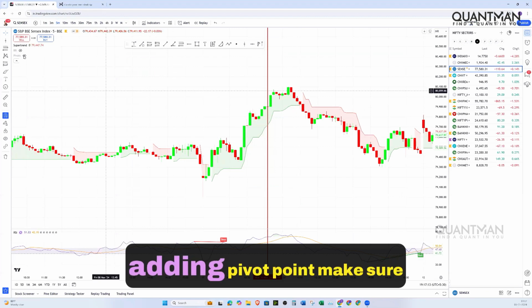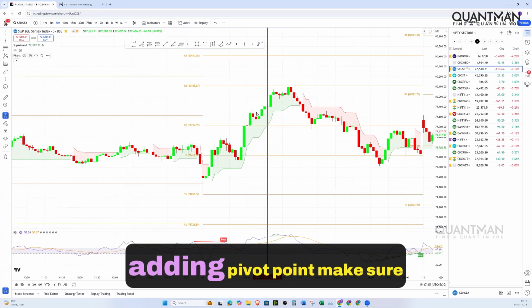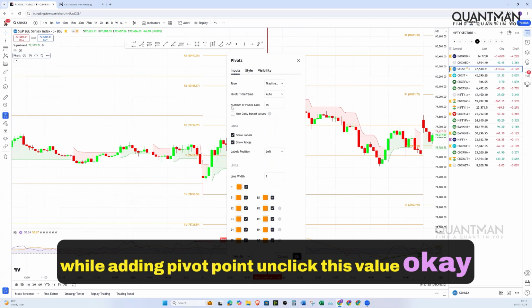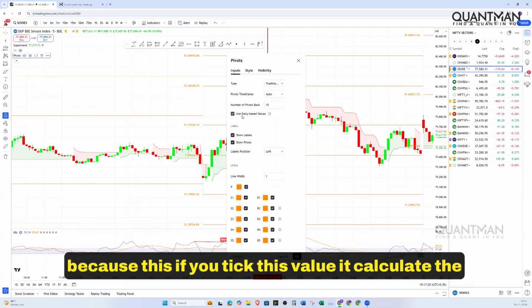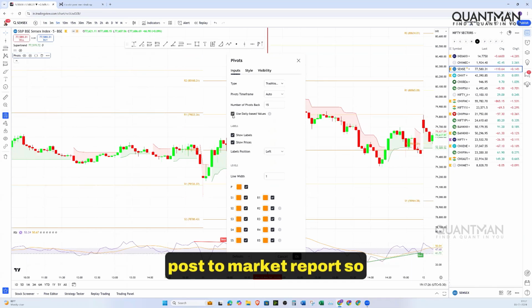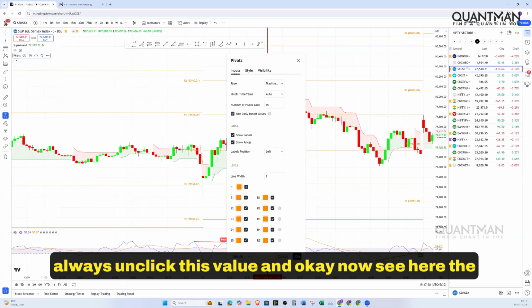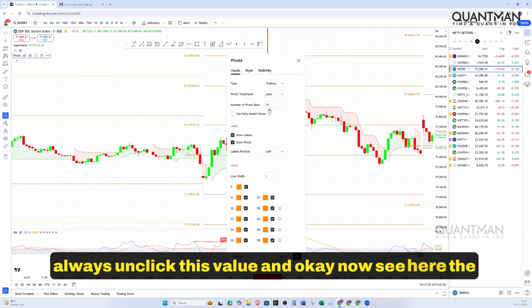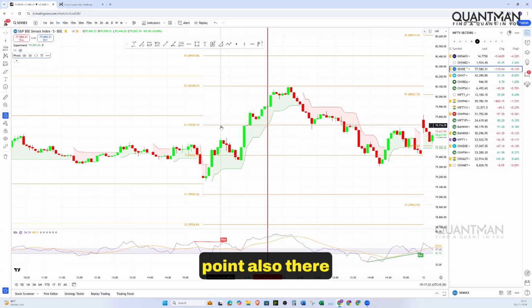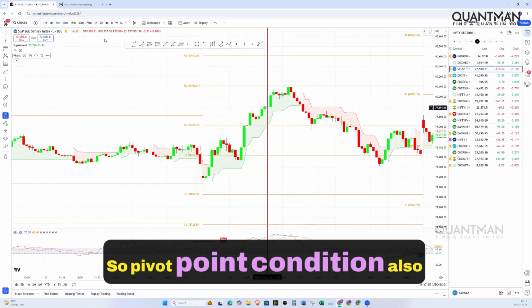So now I'm adding pivot point. Make sure while adding pivot point, untick this value, because if you tick it, it calculates the post-market report. So always untick this value. Now see here, the same entry price, pivot point also there. So the pivot point condition is also satisfied.